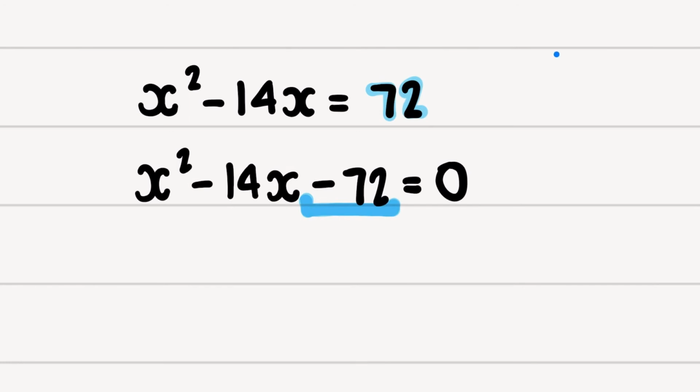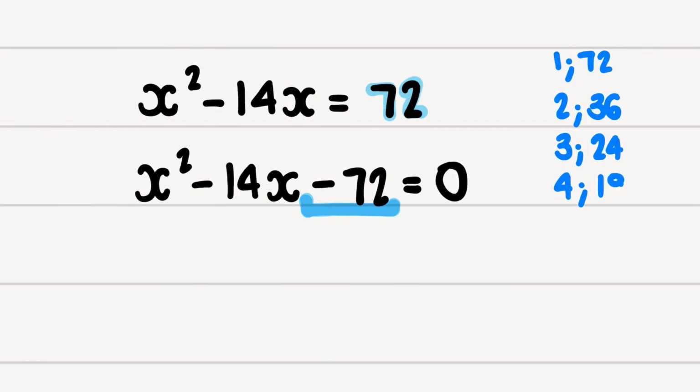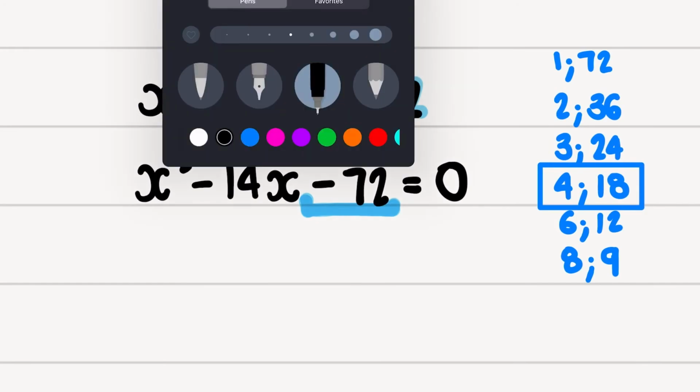So I have 1 and 72, 2 and 36, 3 and 24, 4 and 18, 6 and 12, and 8 and 9. Now, which of those factors, when subtracted from each other, will result in my middle term of 14? That would be 4 and 18.